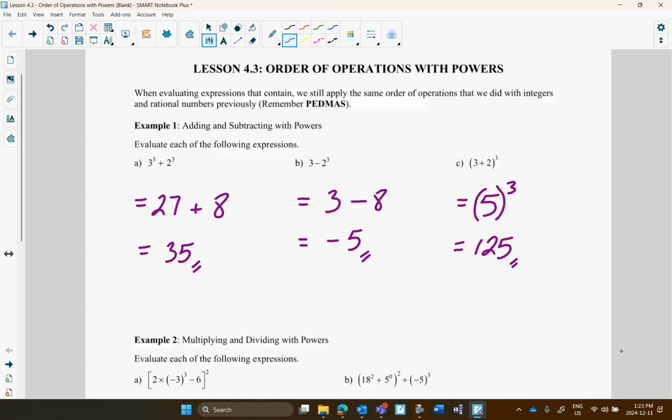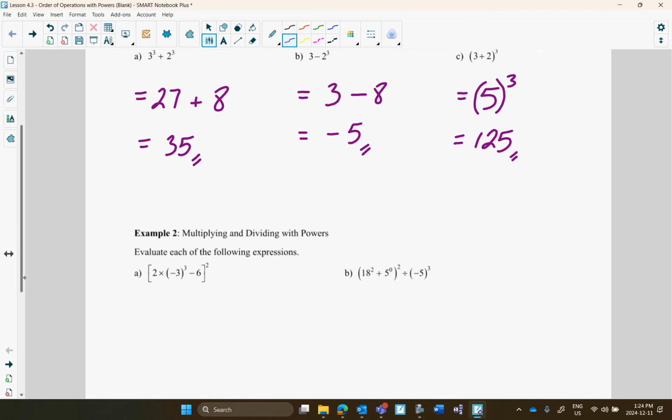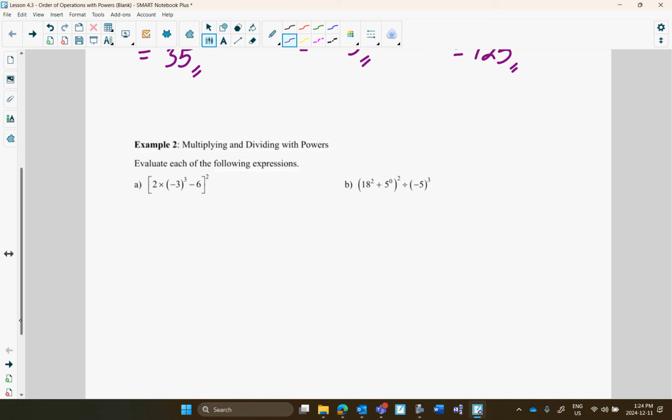So those are pretty straightforward. The next step, a little bit more complicated, but not too bad. Definitely going to need a calculator for the second one. Okay, what am I going to do first in this one? The parentheses inside.